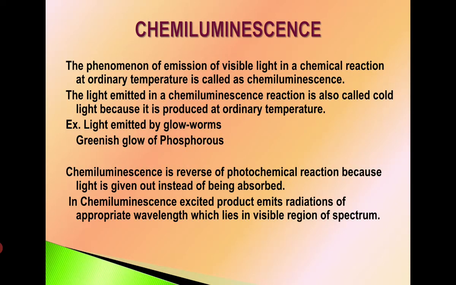Next, chemiluminescence. The phenomenon of emission of visible light in a chemical reaction at ordinary temperature is called chemiluminescence. That is, if a reaction emits light at ordinary temperatures, that phenomenon is called chemiluminescence.